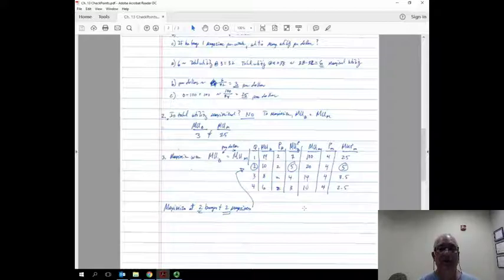And if we look at our table, we can see that the marginal utility per dollar is equal at a quantity of 2. The marginal utility per dollar of burgers is 5, and for magazines is also 5. So our answer then would be to maximize at 2 burgers and 2 magazines.